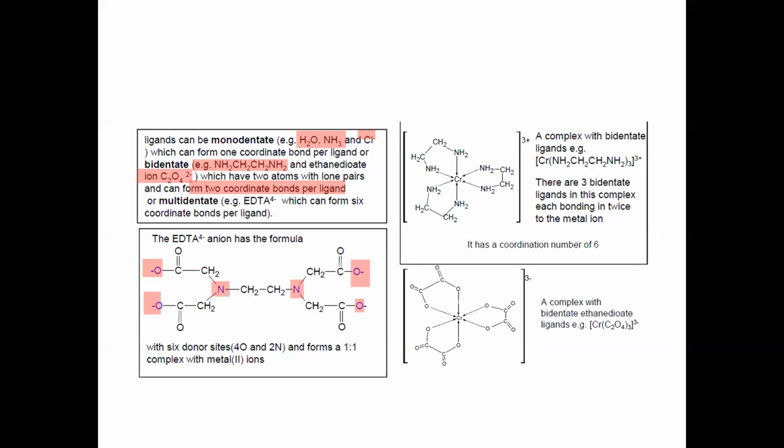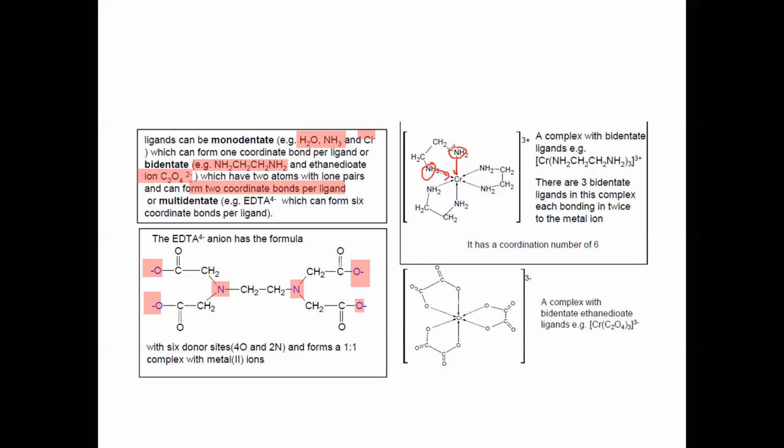So many positions are there which can link with the central atom. But in a bidentate, for example NH2, CH2, CH2, NH2, one side of the molecule forms a bond, and another side also forms a dative bond.